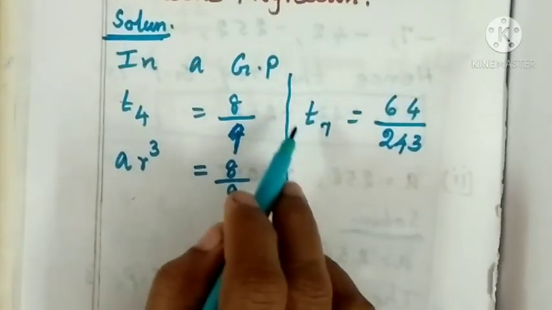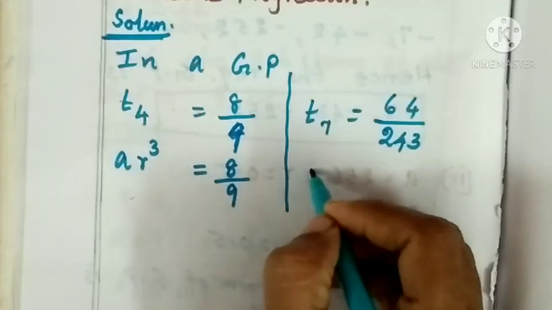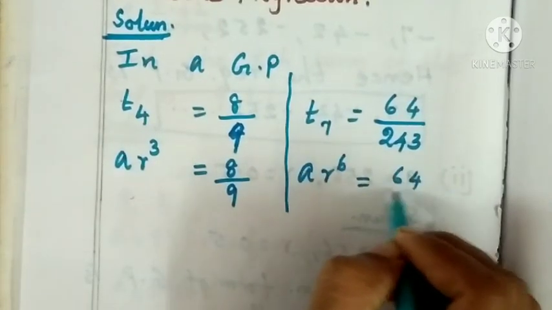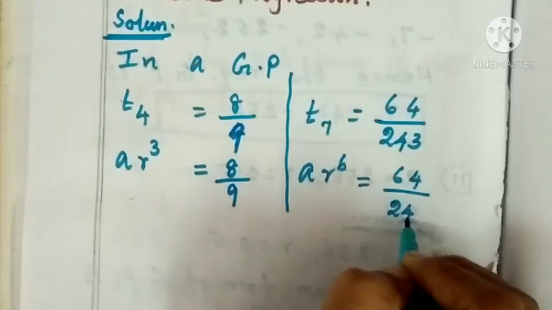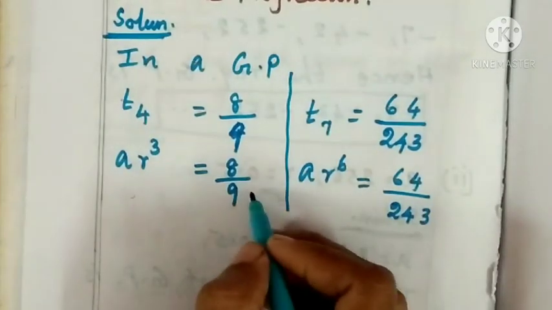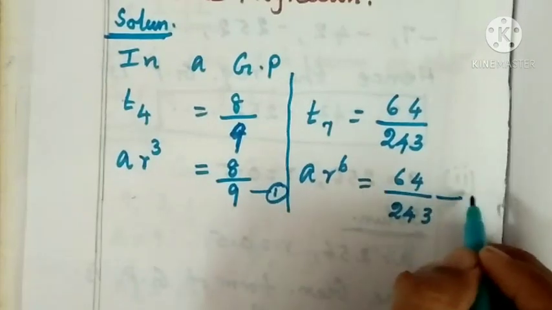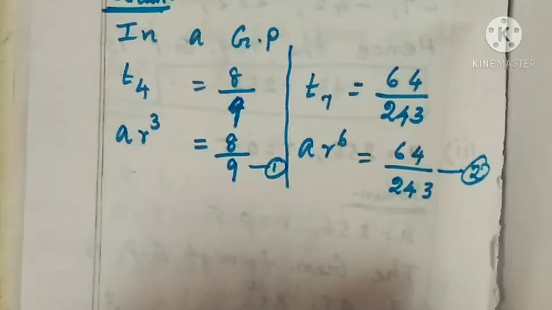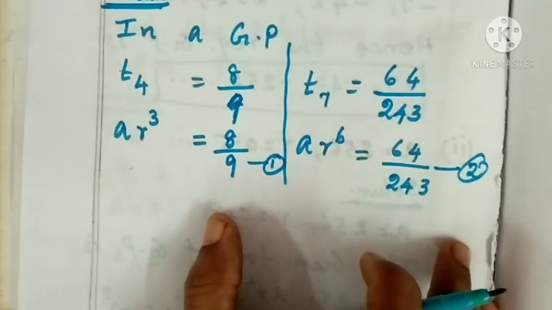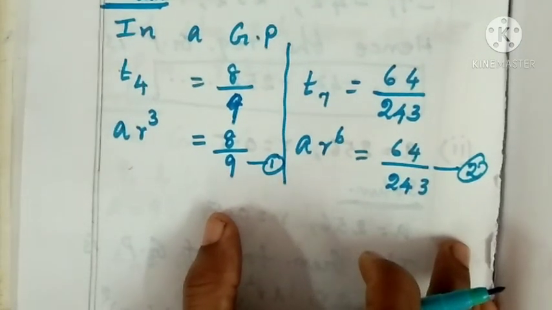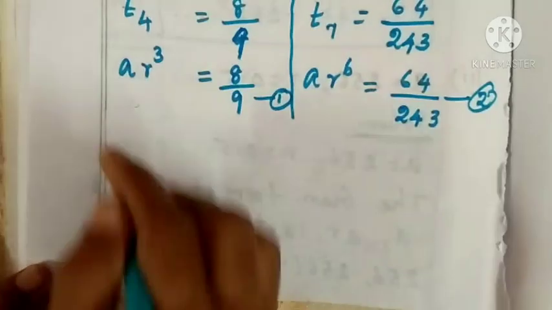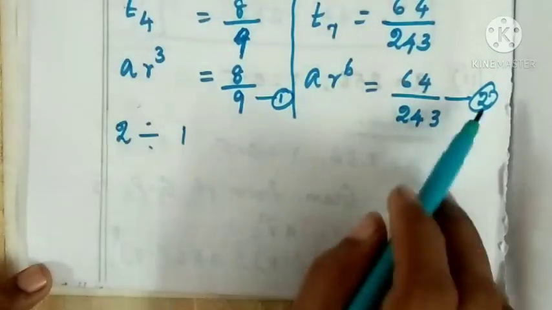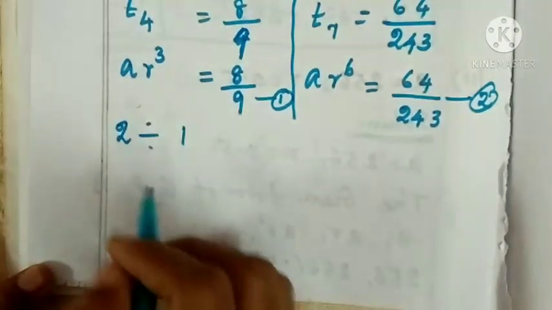Here general form of T7 is AR power 6 is equal to 64 by 243. Let us assume this number 1 and this one number 2. Now you have to divide this 2, means A cancel and get the value of R. That is 2 divided by 1.